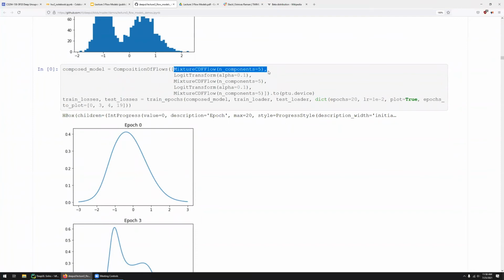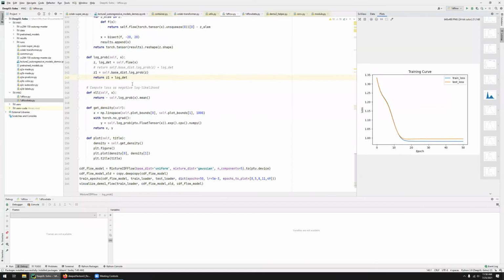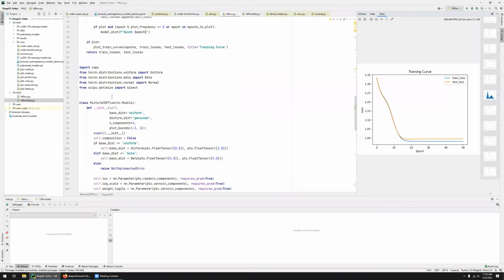Do they have to do this every time? So what does the mixture CDF do? The logit transform is the non-linearity, right? Yeah, it's the same one as before. Mixture CDF, it's a single step flow. No, it's this one, the mixture of Gaussians.